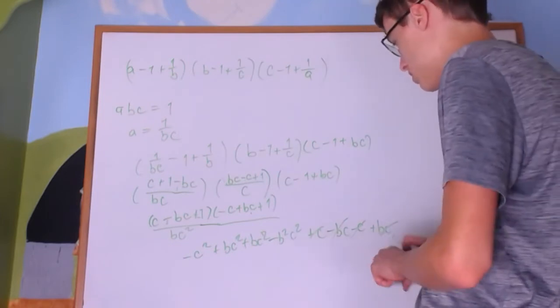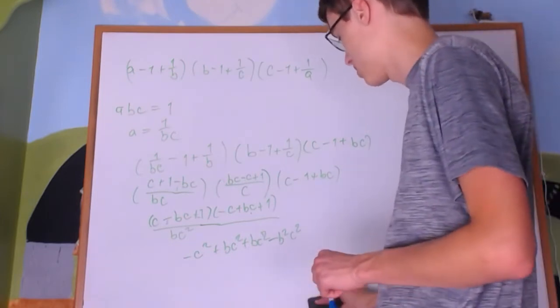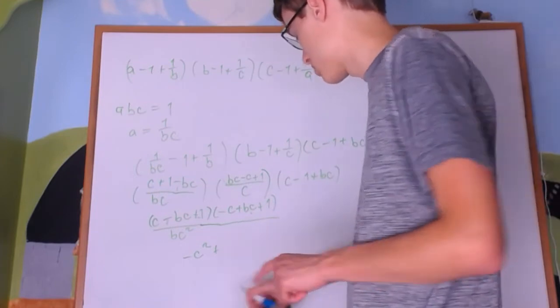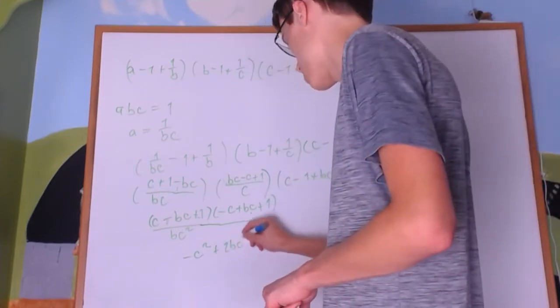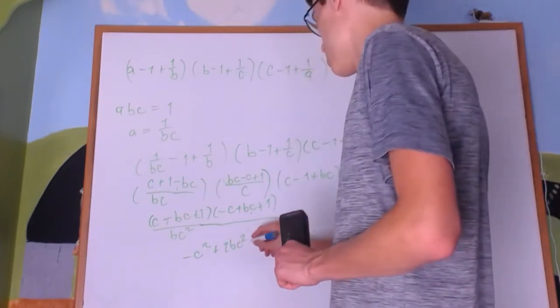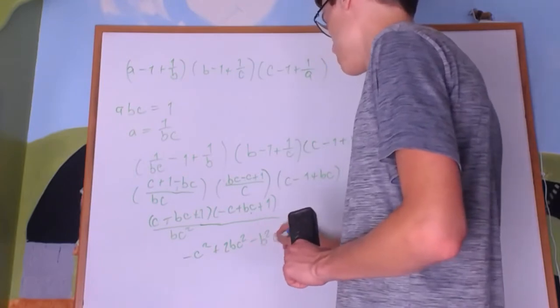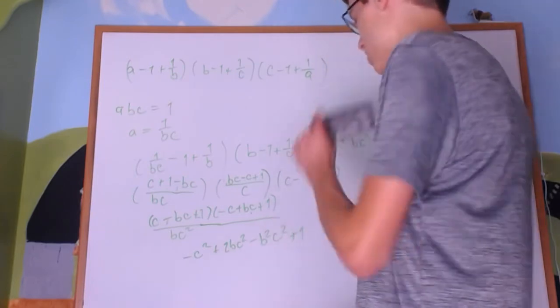Alright. Plus 1. So that's 2BC squared. What was it? Minus B squared C squared. And plus 1.